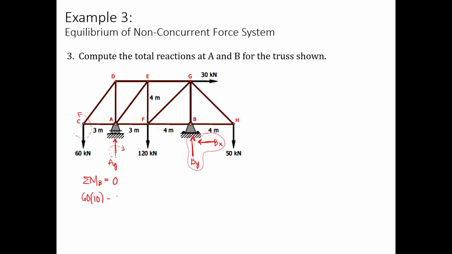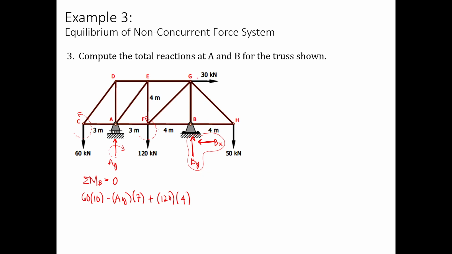So this will be negative, Ay times 7. Next is your 120 kilonewton force downwards. This will create a positive moment, a counterclockwise direction, so we have plus 120 times 4. By and Bx are not included because they are collinear at the point. Next is your 30 kilonewton force.